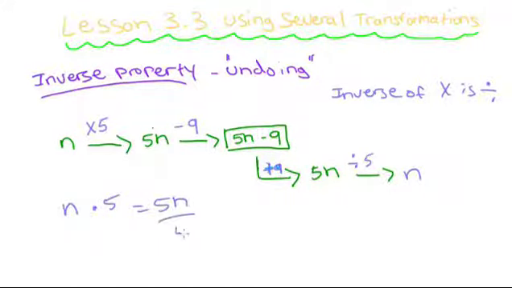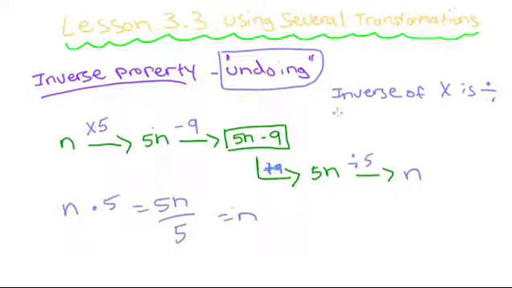But then if we divide it by 5, we get n again, because these two operations cancel each other out. We're undoing what we did by dividing what we multiplied. So that's why we get the same thing we started with. We multiply by 5 and we get 5n. When we're at 5n, we divide by 5 and we get n.